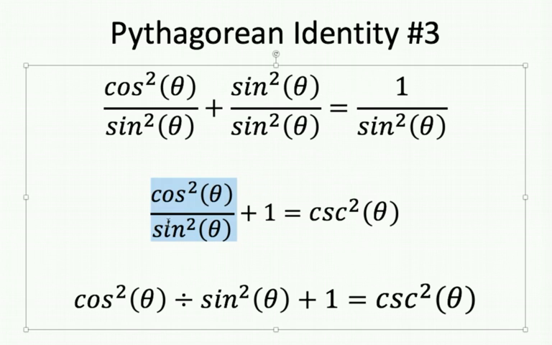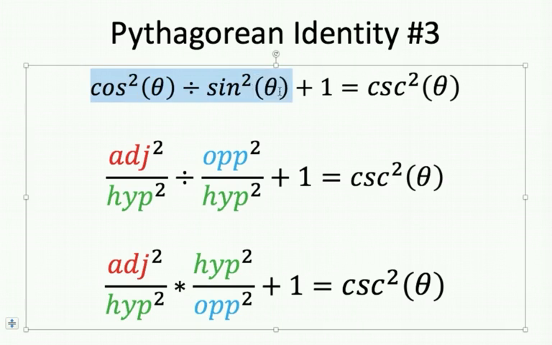And now let's simplify this part. I'm going to change this into one line: cosine squared divided by sine squared. So that's right there.